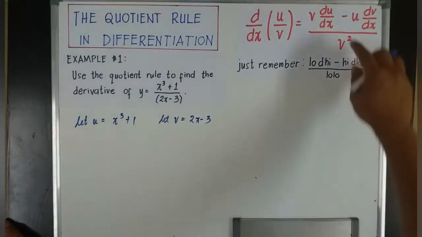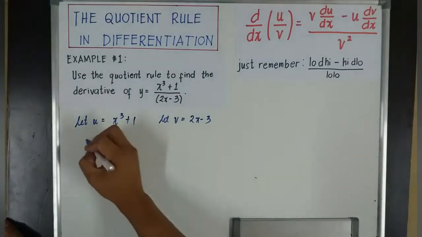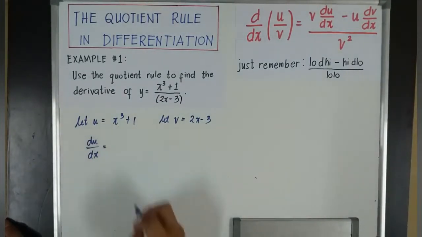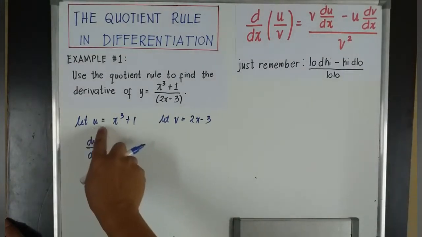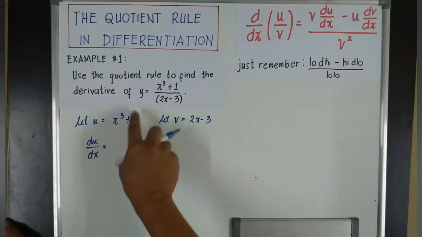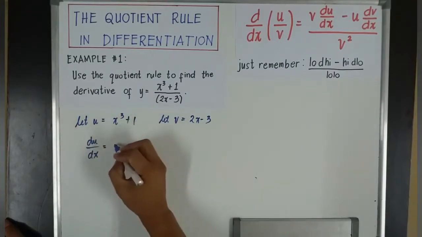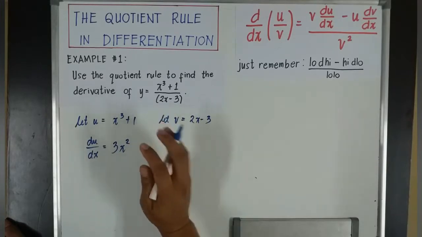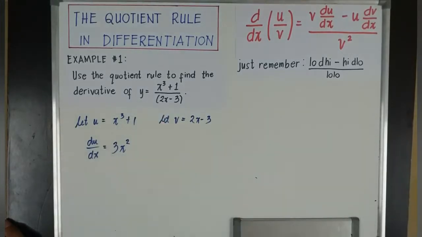You need to find du over dx. Since du over dx is the derivative of u in terms of x, it will become 3x squared plus 1, no need, because the derivative of 1, or of any constant, is always 0.